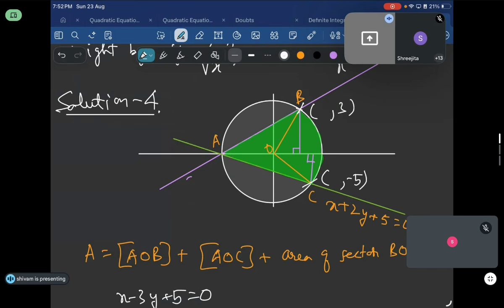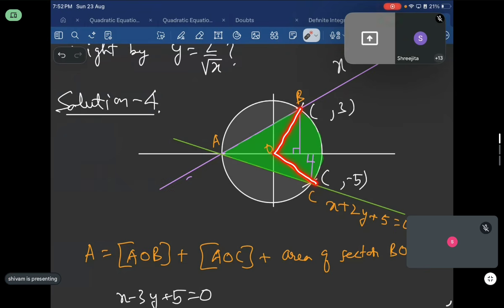But the thing is, we need to find out the central angle also for the sector. So we have to find out the value of x. Or what we can do is use this: the angle at the center is twice the angle at the circumference.